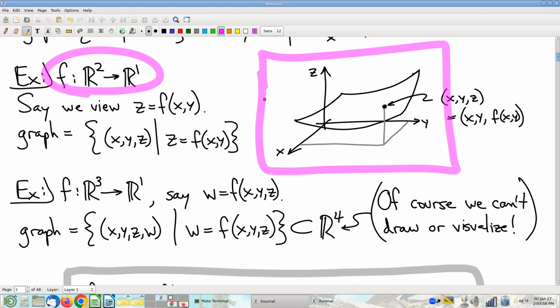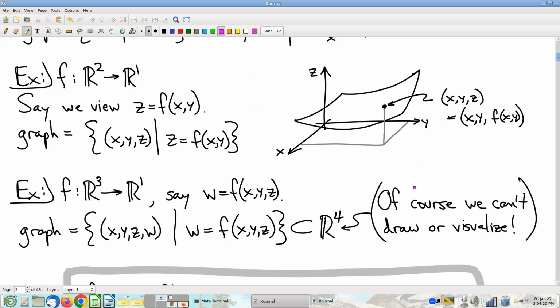This is a 2-dimensional screen. There's nothing back here. It's flat. I am asking you to believe that this diagonal line is actually coming out of the page. You're using your imagination to convince yourself that it's actually 3-dimensional.